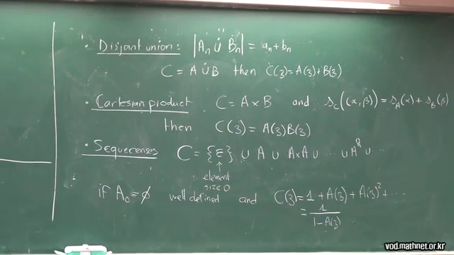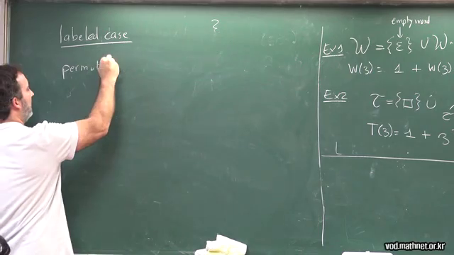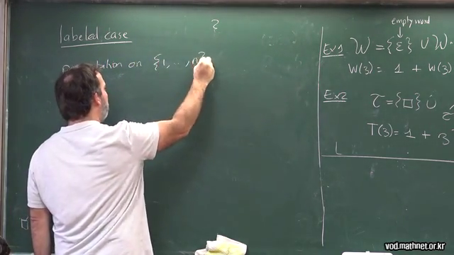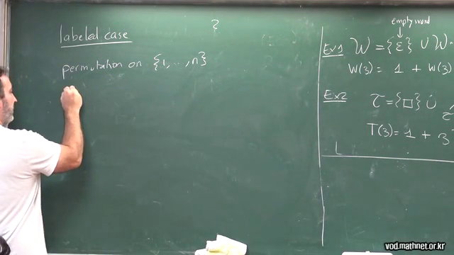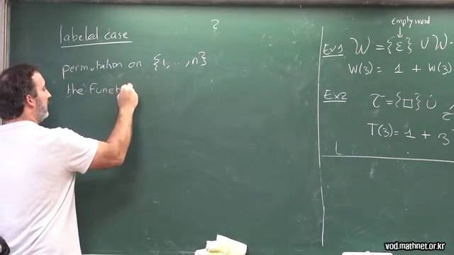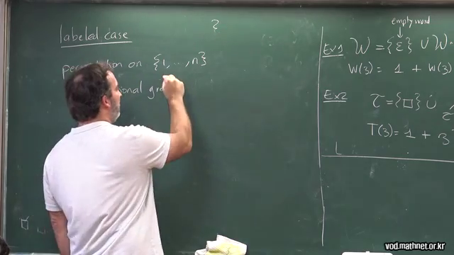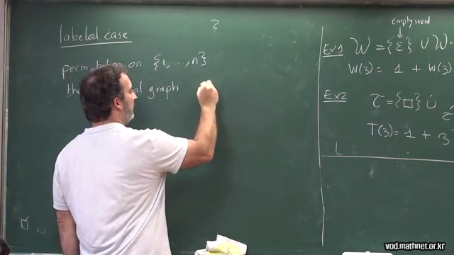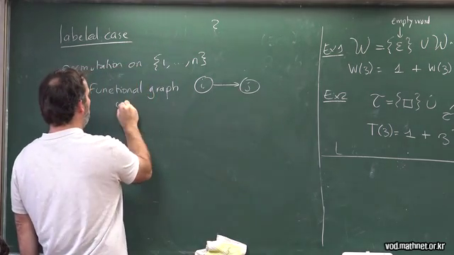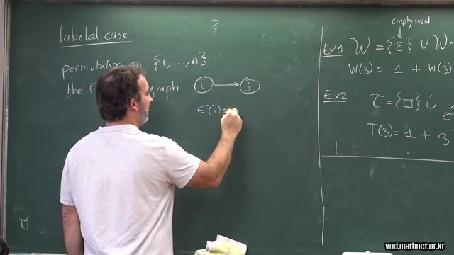So now, if you look at a permutation on the elements between 1 and n, and you do what is called the functional graph, so the vertices are the elements 1 to n, and you put an edge between i and j when sigma of i equals j.